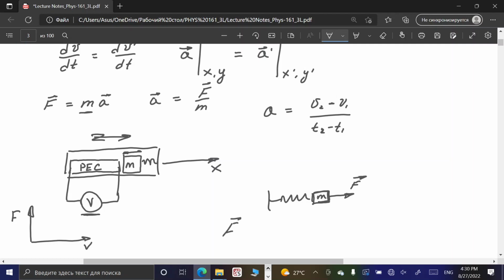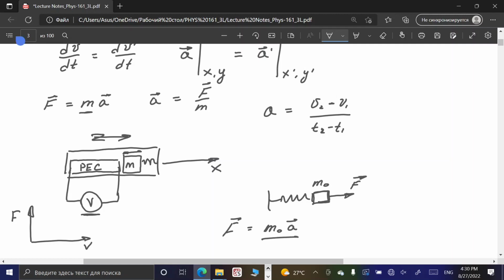This force exerted on the block will be equal to, let's call it m naught, that we know this mass, so it's some calibrated mass, m naught. So it will be m naught times a vector. So a vector we can measure, m naught we know, it's a known mass, some calibrated block.